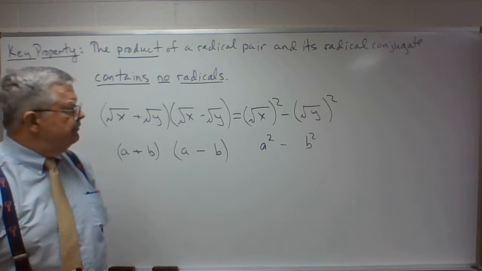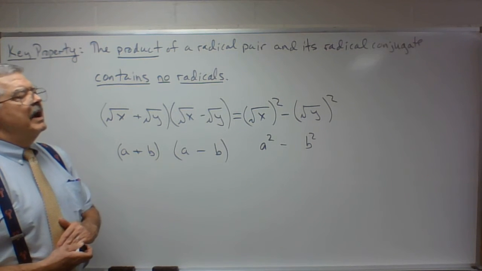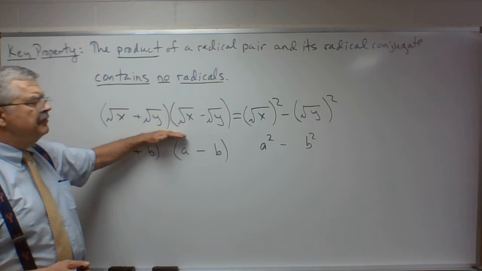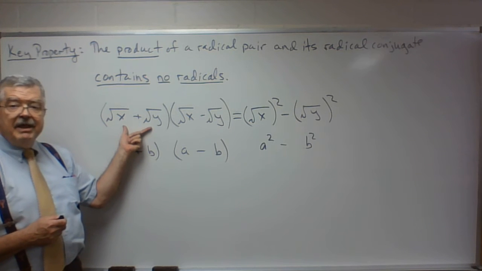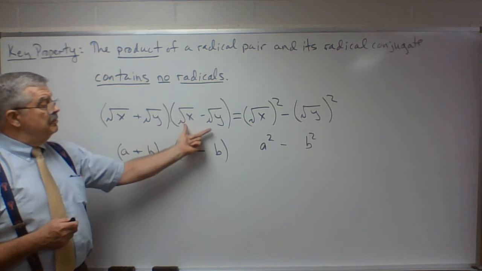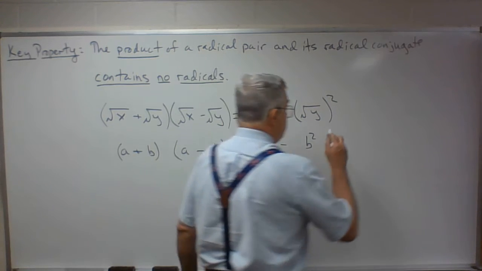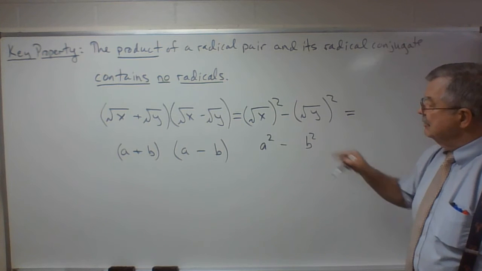Now, enough of that. I've justified this formula. What I really wrote this formula down for was to show that when we take a radical pair and multiply it by its conjugate, what we get is an expression that contains no radicals.